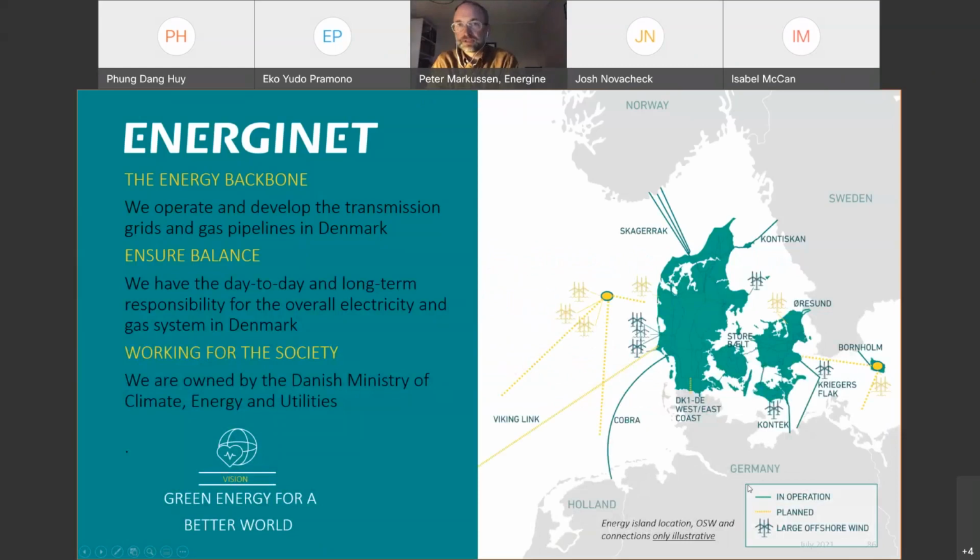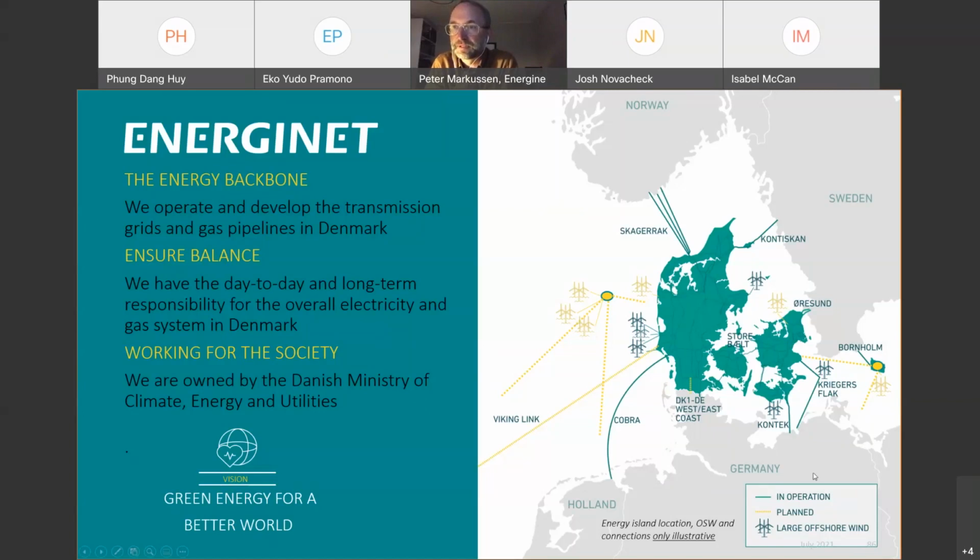Just a very short introduction. I work for Energinet, the Danish TSO in the northern part of Europe. We operate the Danish transmission grid and gas pipelines. We have to ensure the balance on a daily basis and long term. We're owned by the Danish Ministry of Climate, Energy and Utilities, and have a vision of green energy for a better world, so we try to use new solutions, get experience from others and give our experience to others as well.